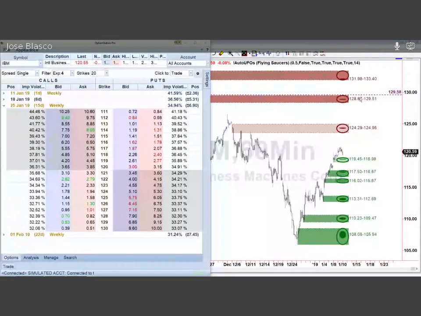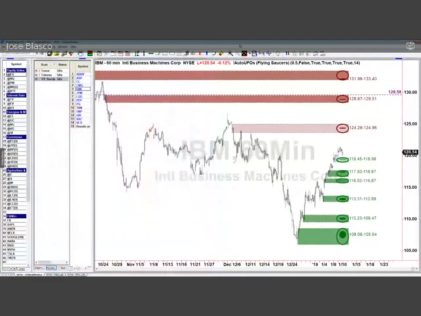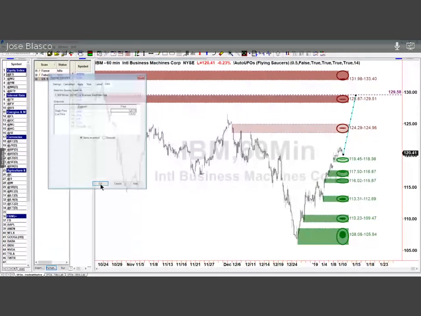Okay, now here's the thing. My bet is that IBM will remain in a range. The upper boundary of the range, I just set it to be from current price to here. In other words, from 120.15 to 129.51.